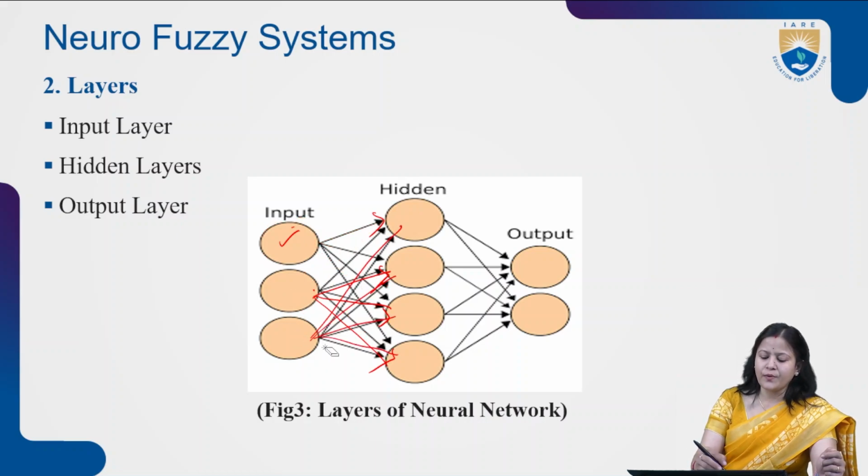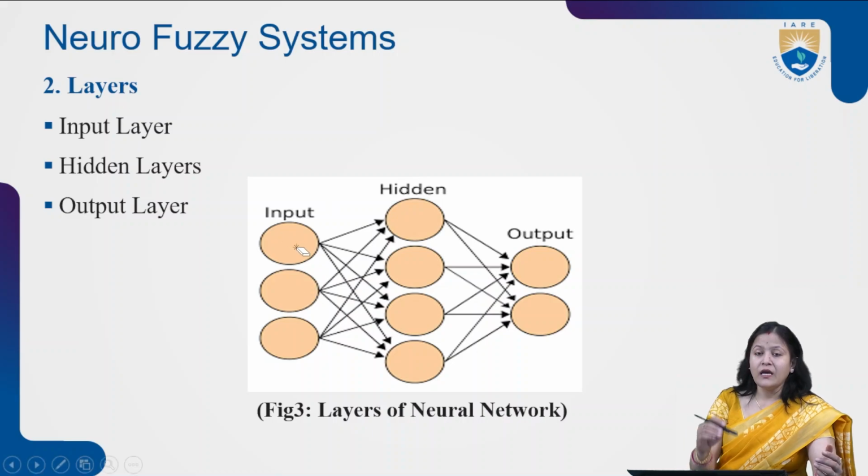That is the representation of the interconnection between nodes. Each node is connected with all other nodes with the help of interconnection links along with their weights.